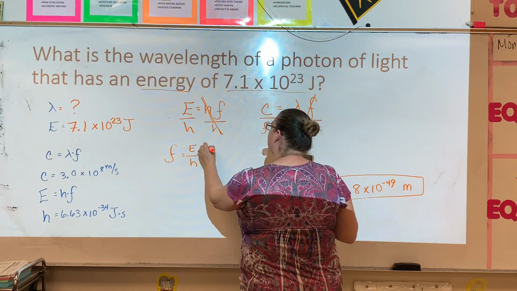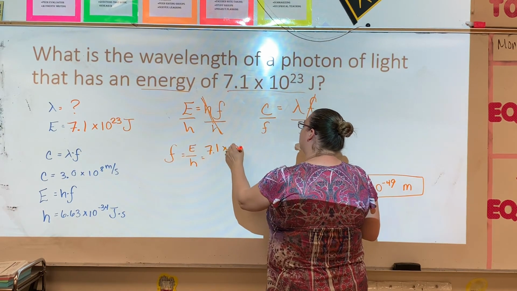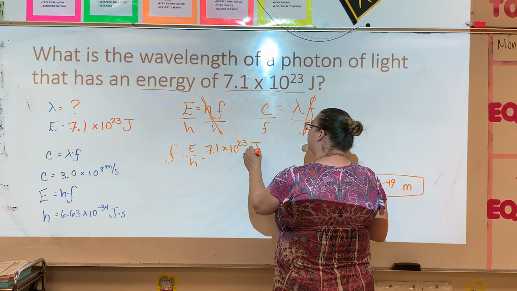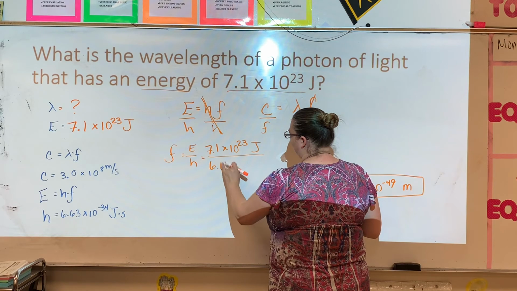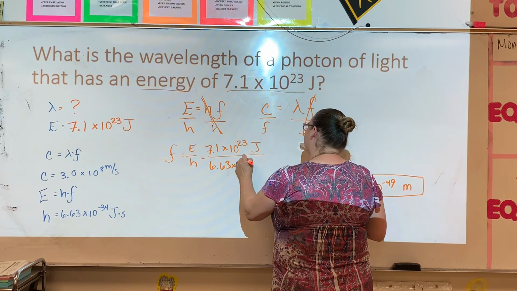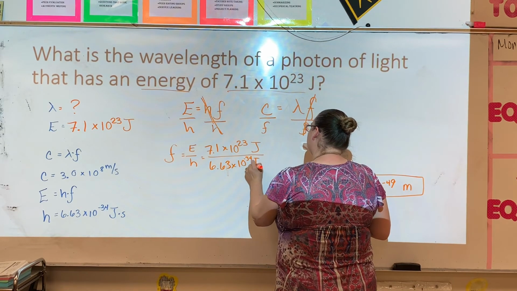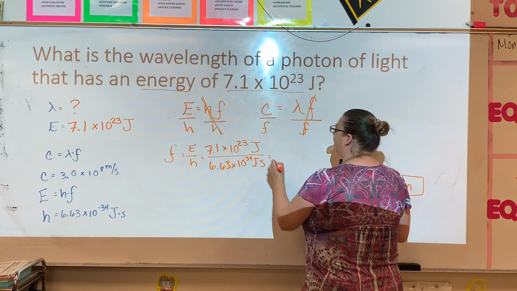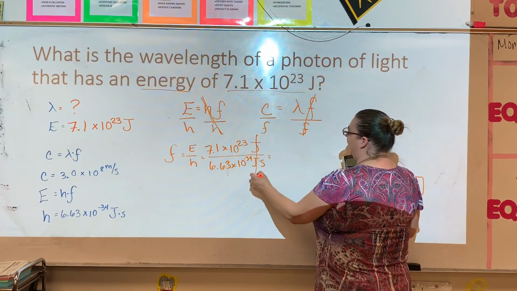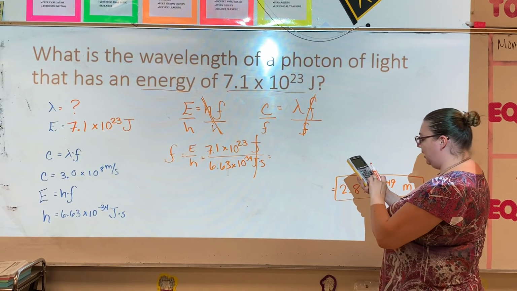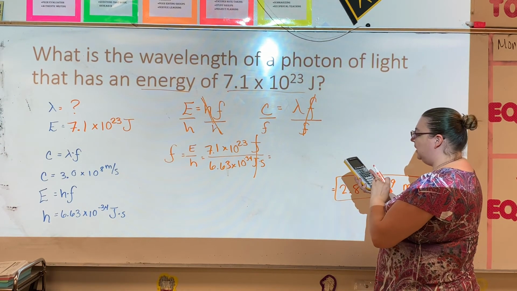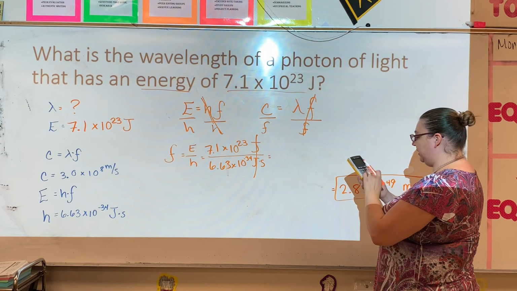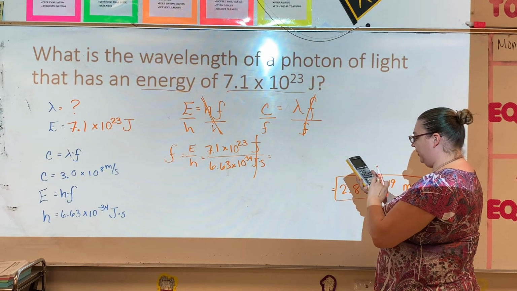Our energy is 7.1 times 10 to the 23rd joules over Planck's constant, which is 6.63 times 10 to the negative 34th joules seconds. Joules over joules will cancel, leaving us with 1 over seconds. So 7.1 second, comma 23 divided by 6.63 second, comma negative 34.